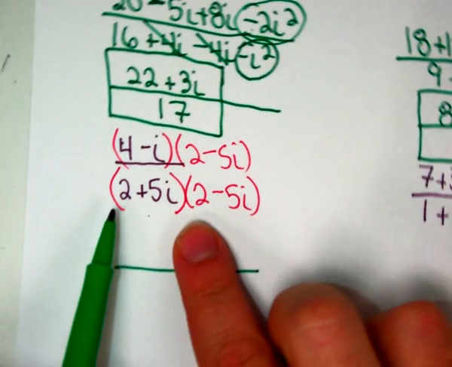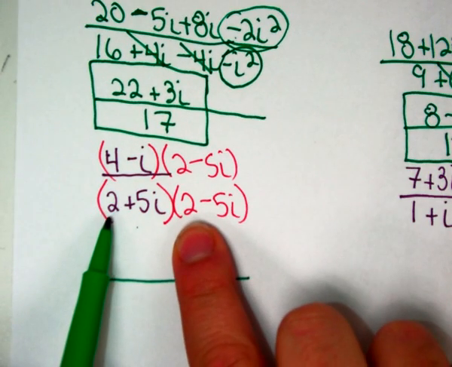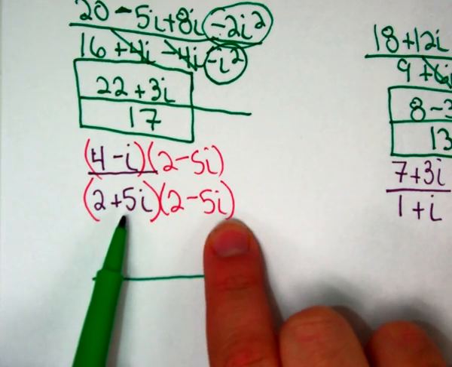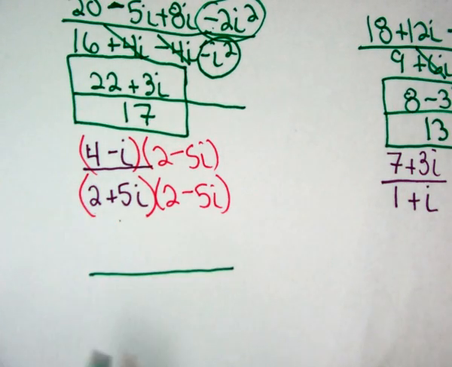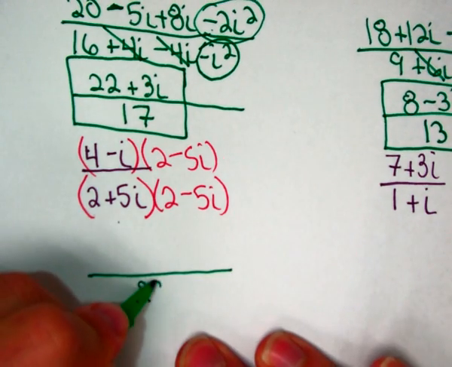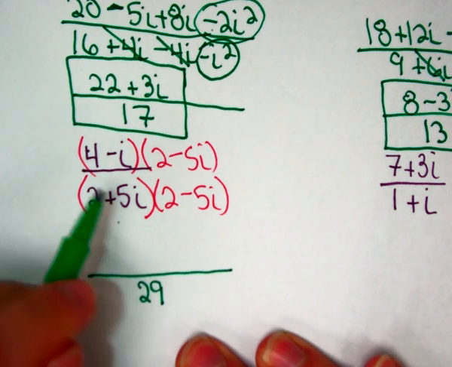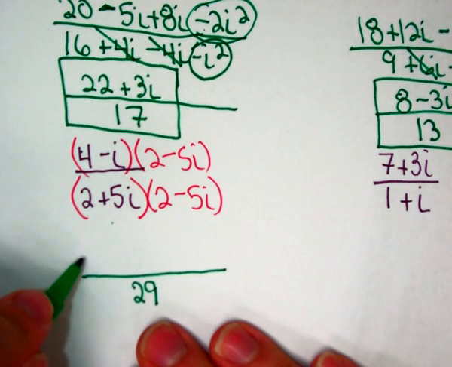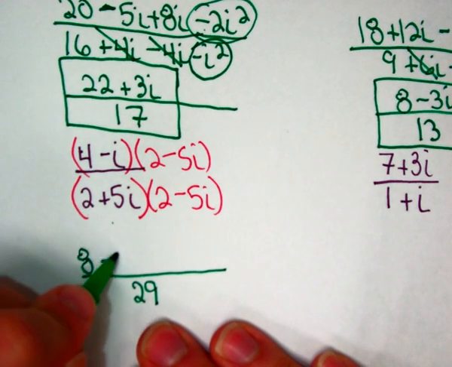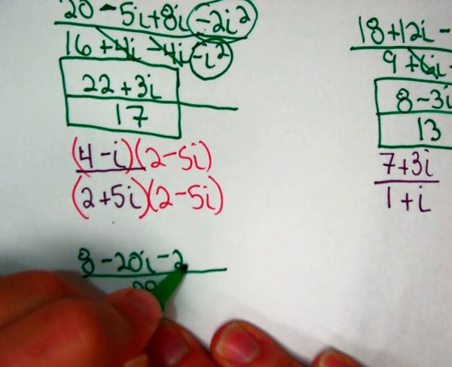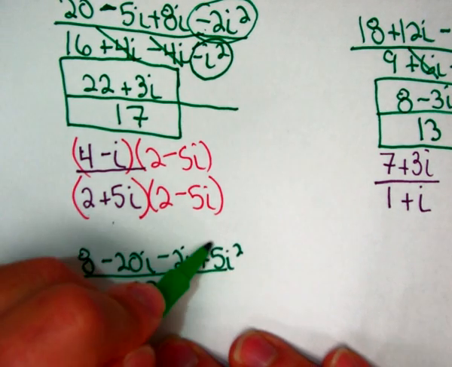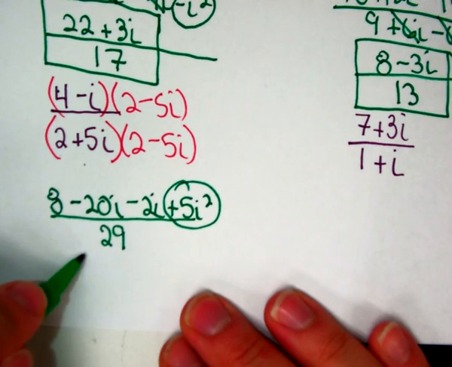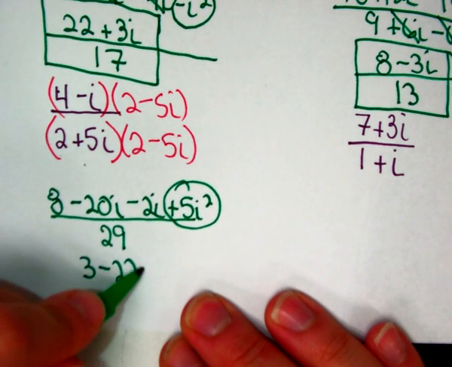If we take the first 2 terms here, 2 times 2 is 4, 5 times 5 is 25, and if you notice, we always added the values together in the other ones, so just add them together, we'll have 29 for the denominator. And on the numerator, we're going to have 8 minus 20i minus 2i plus 5i squared. 5i squared is the same as minus 5, so we have 3 minus 22i over 29.